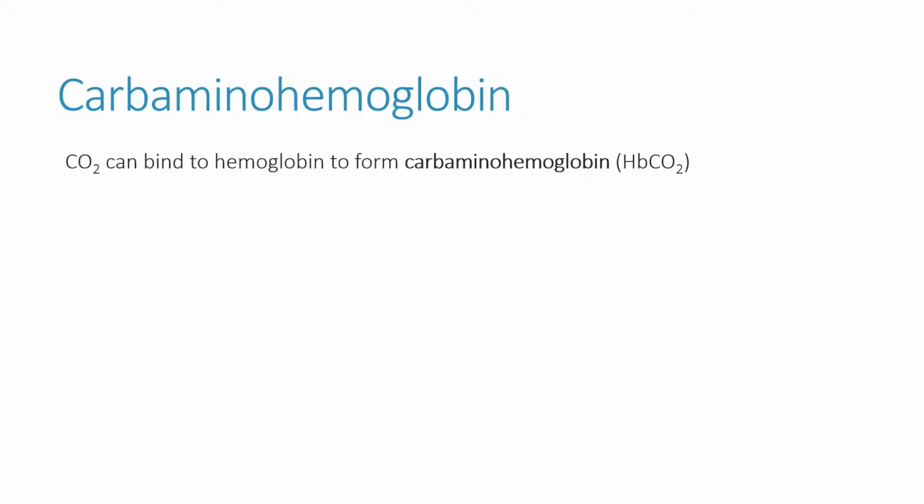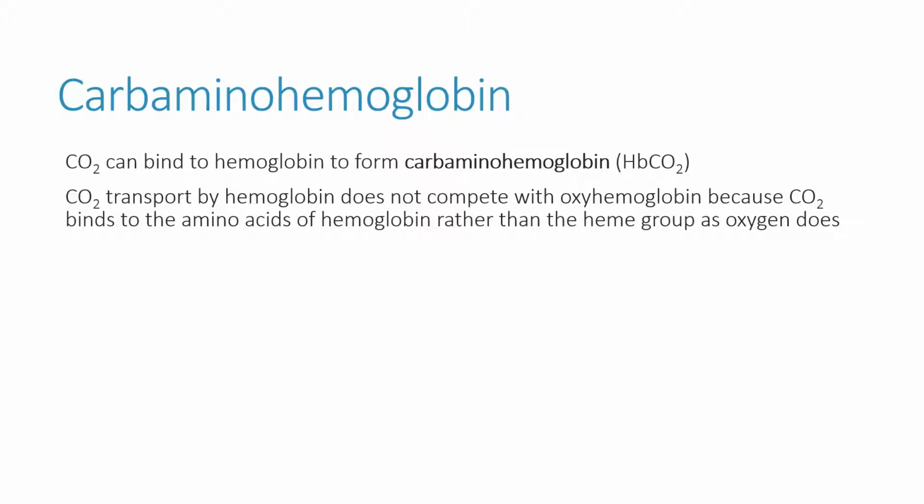Carbon dioxide can bind to hemoglobin to form carbaminohemoglobin. Carbon dioxide transport by hemoglobin does not directly compete with oxyhemoglobin, meaning that carbon dioxide doesn't bind to the same portion of hemoglobin as oxygen does, because oxygen binds to the iron-containing heme groups, but carbon dioxide binds directly to the amino acid portion of the hemoglobin proteins.